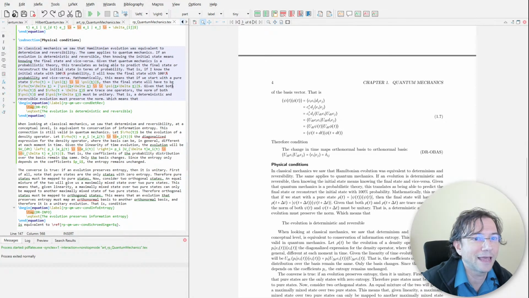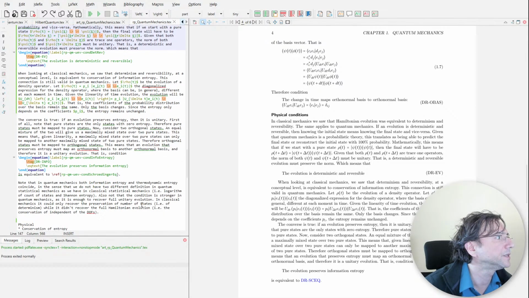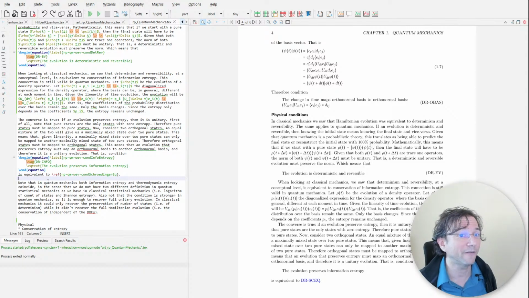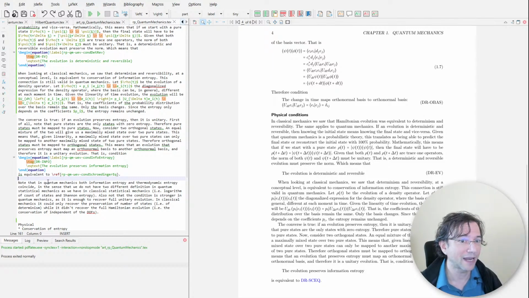And that's because the probability distributions get mapped. And so we have this, and then we're going to do it in terms of entropy. Now we want to do the thermodynamic thing, but we don't really have a thermodynamic entropy in quantum mechanics, so we can't appeal to that.